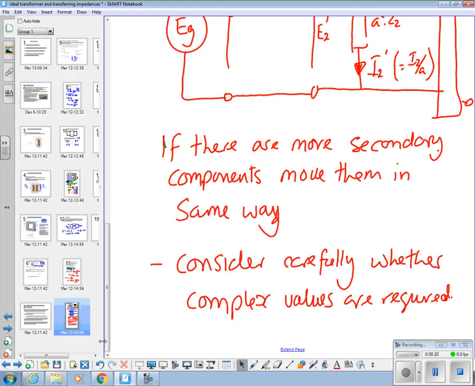Because transformers are made up of coils of wire or inductors, you might have connected capacitors, and the windings are made up of inductors even if you haven't got any connected inductance. So you may or may not have to consider, as soon as there's a mixture, you've got an issue of complex values.